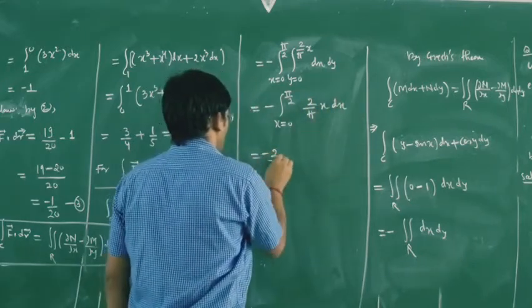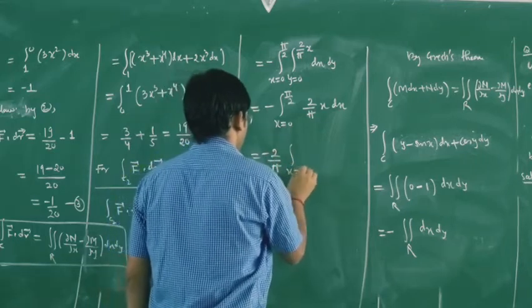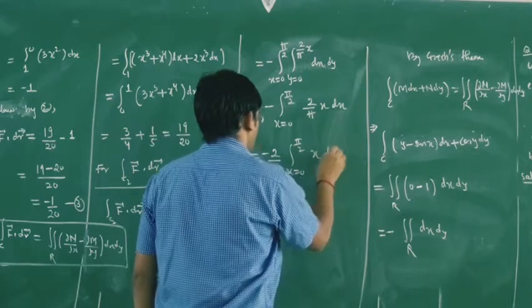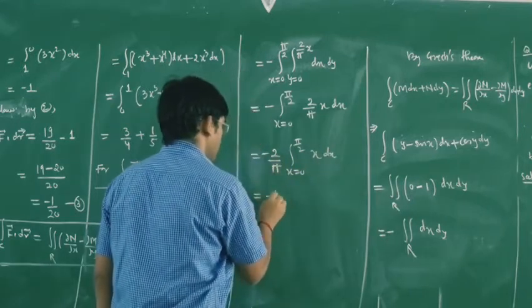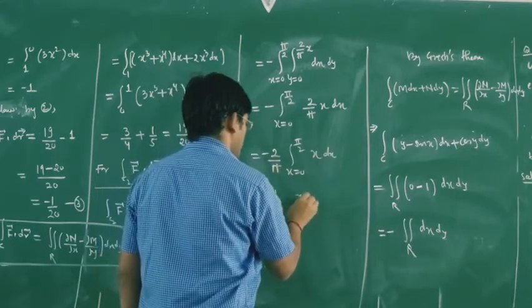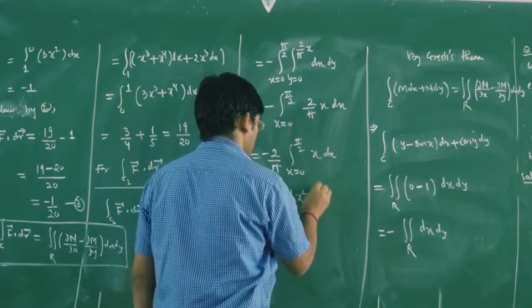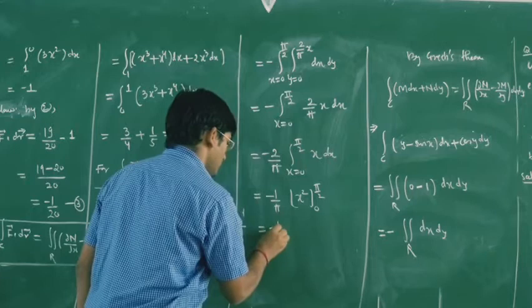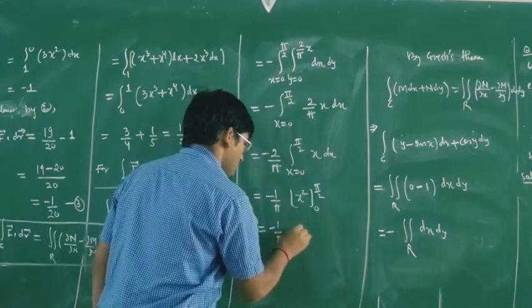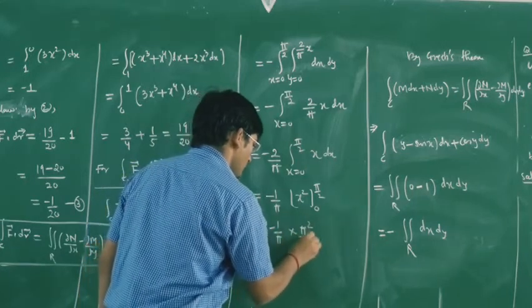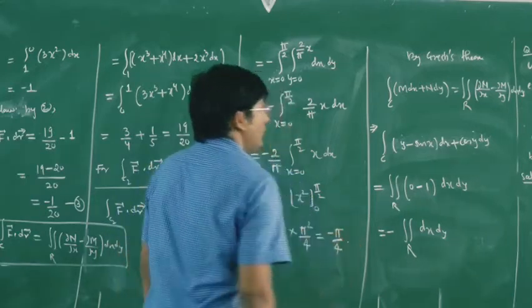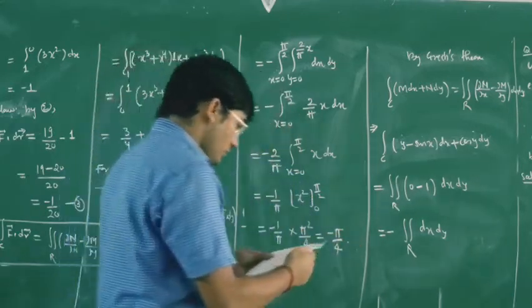So we have minus 2 pi. Now the integration of x will be x square by 2, so this 2 will get cancelled. So we have x square, and the square of pi by 2 will give you pi square by 4, and so this is minus pi by 4.